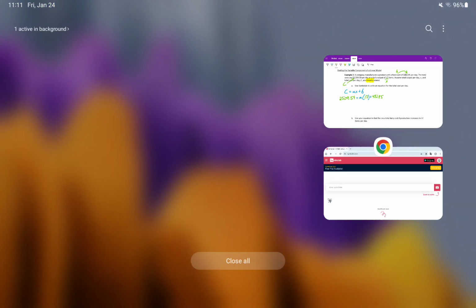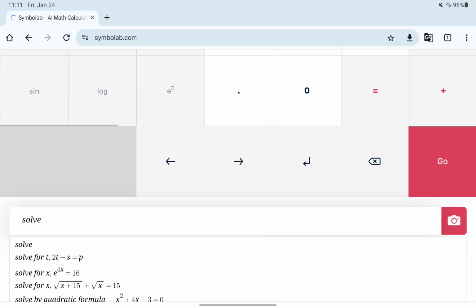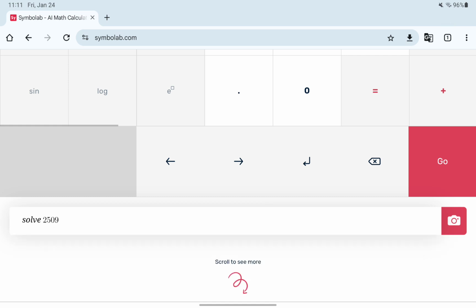In order to solve that equation, we can jump over to Symbolab and ask it to solve this equation, which is 2509.59 is equal to m times 17 plus 482.95.